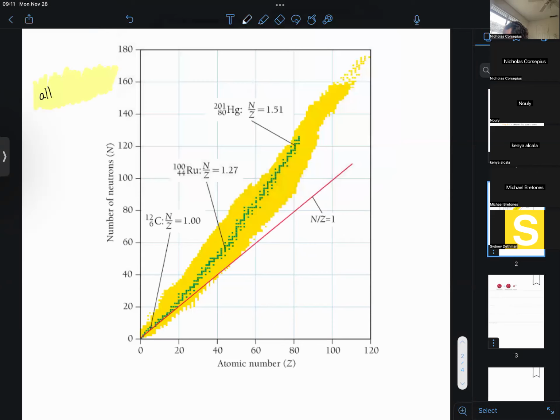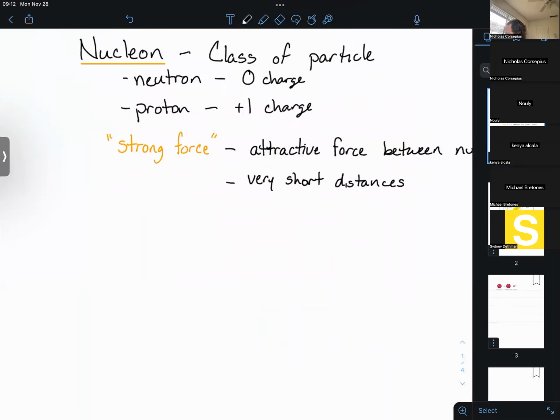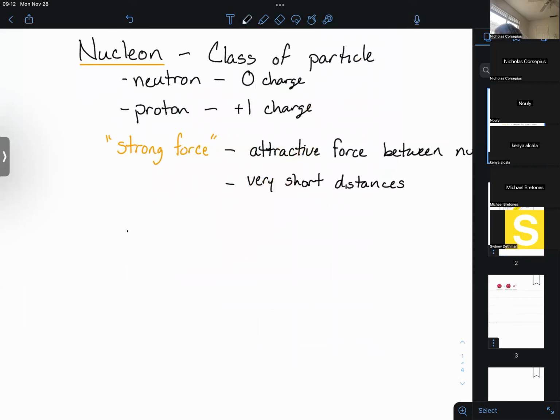These are all the possible nuclei of an atom, what are called nuclides sometimes. I guess just to be clear, we'll do a new vocab word here. So a nuclide is a nucleus of a specific isotope.